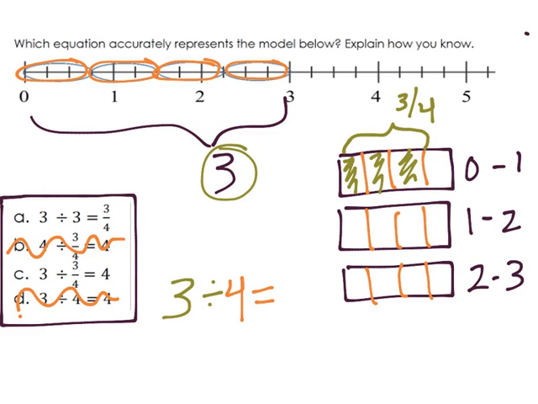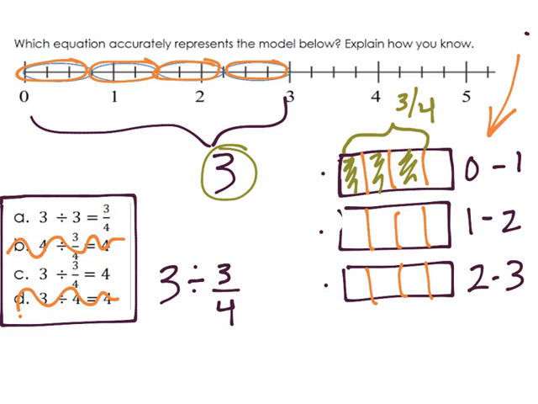Okay, so now I'm going to ask myself, what could I also be asking based on this question? I'm going to refer back to the tape diagram model that we started to draw. If I have the range of 0 to 3, and we're talking about 1, 2, 3 tape diagrams here, and we know that we were looking at a group size of 3/4, what if I had my dividend of 3, and I was asking myself how many groups of 3/4 are in 3?